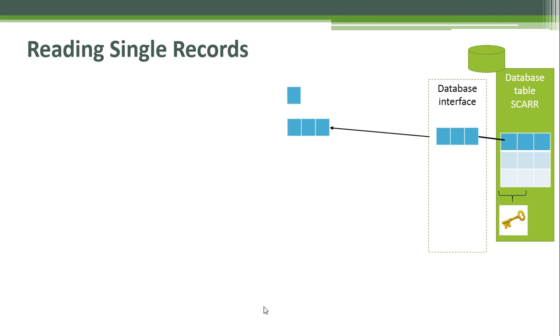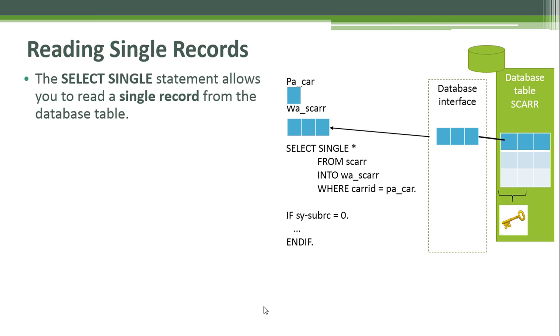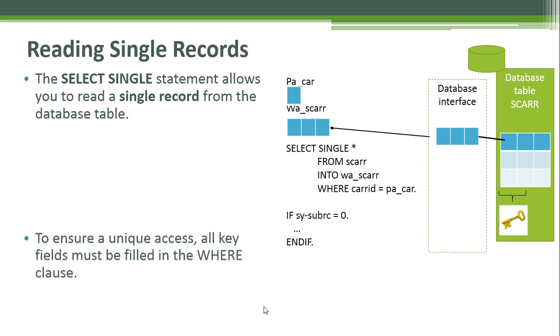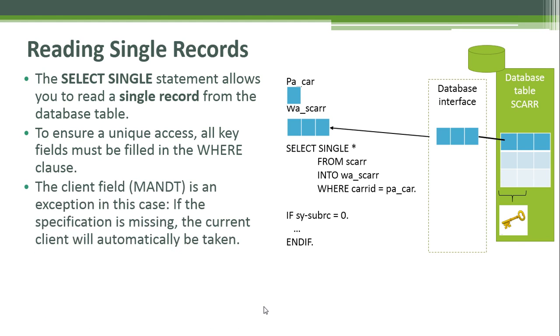Reading single records. The select single statement allows you to read a single record from the database table and not a whole table. To ensure a unique access, all key fields must be filled in the where clause. The client field is an exception in this case.